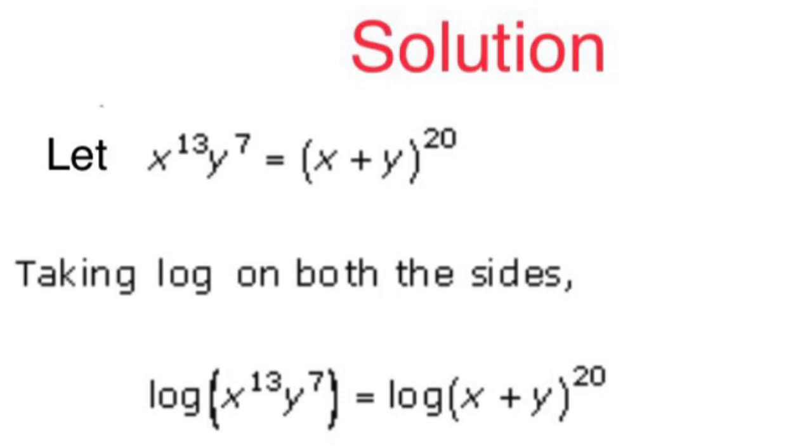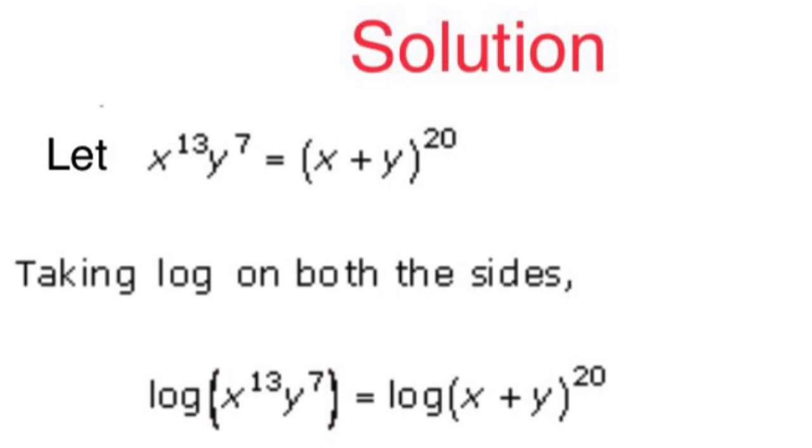Let's see the solution of this. So the given function is x raised to 13 into y raised to 7 equals to x plus y raised to 20. So in this type of question, we always have to take log on both sides.